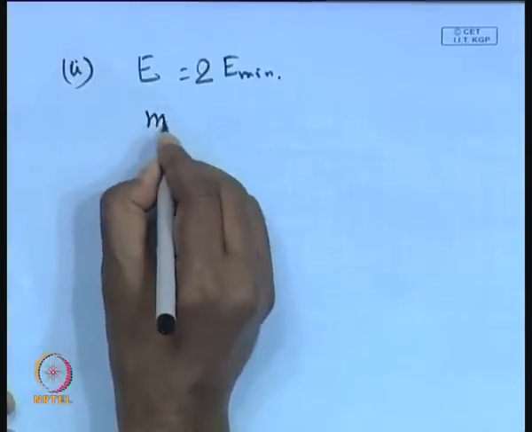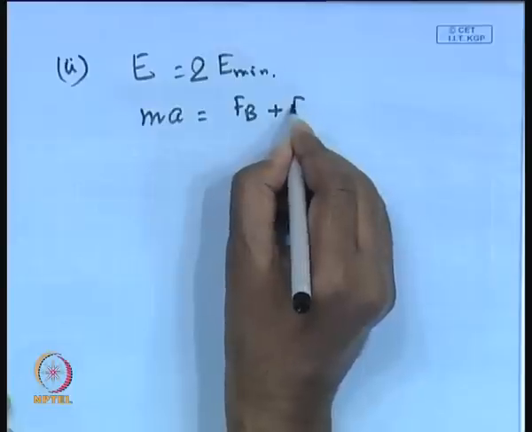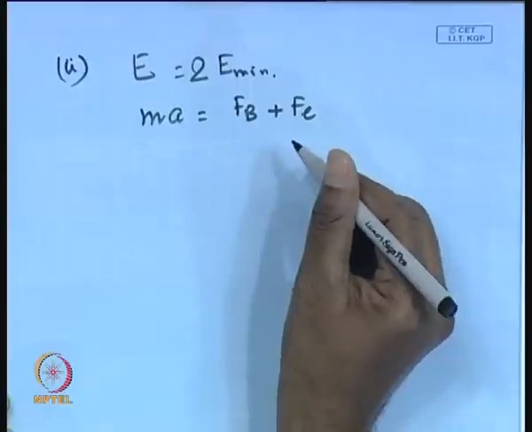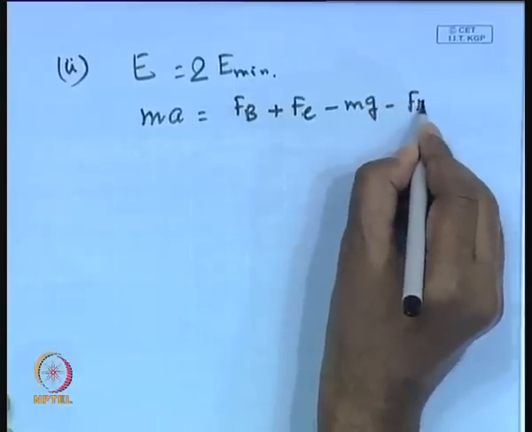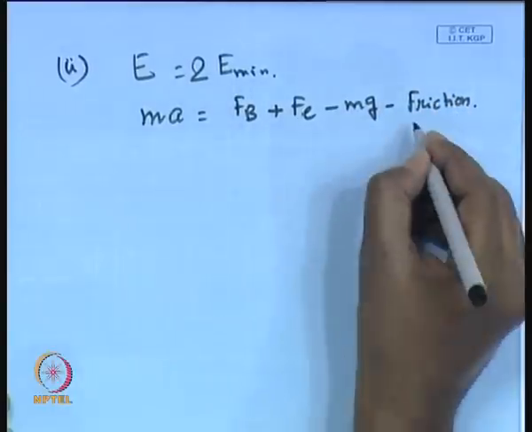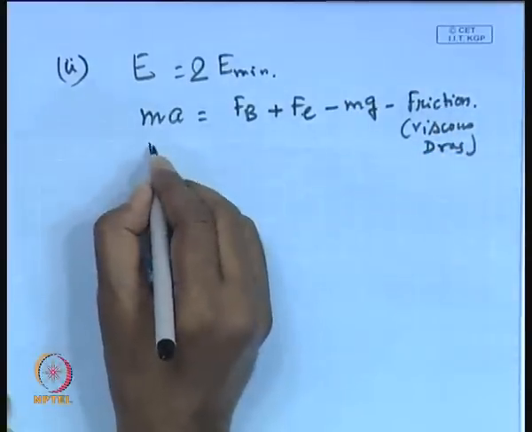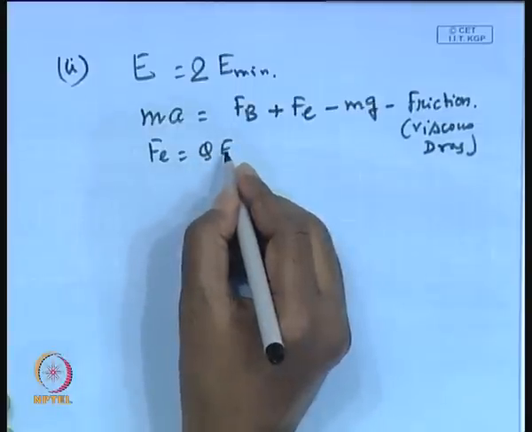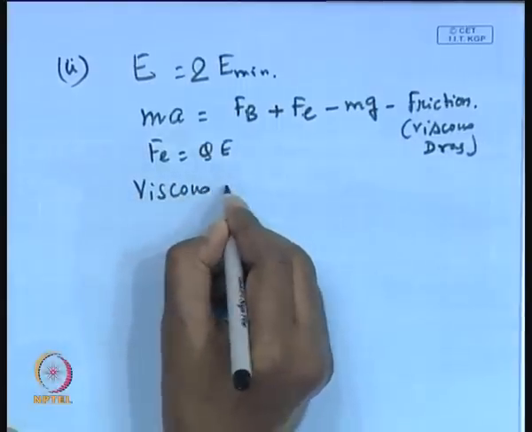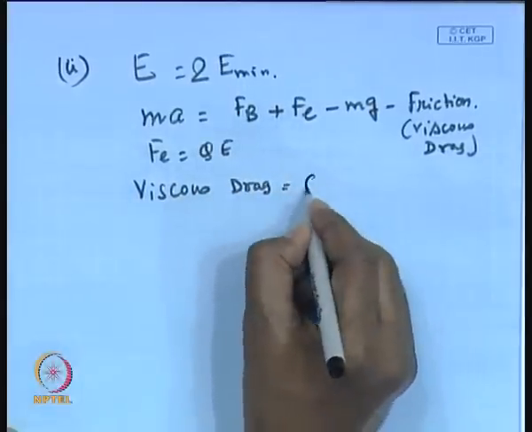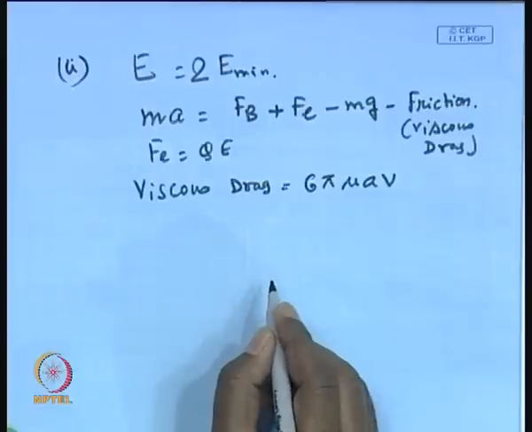So, m times a, mass times acceleration, will be the net upward forces, Fb plus Fe, buoyant force plus electrostatic attractive force, and the opposing forces are mg and the friction force, friction or viscous drag, whatever you call it. Fe we know as q times E, where E is 2 E minimum, and the viscous drag, if you remember, is 6 pi mu A times V. This is the viscous drag for a spherical particle.